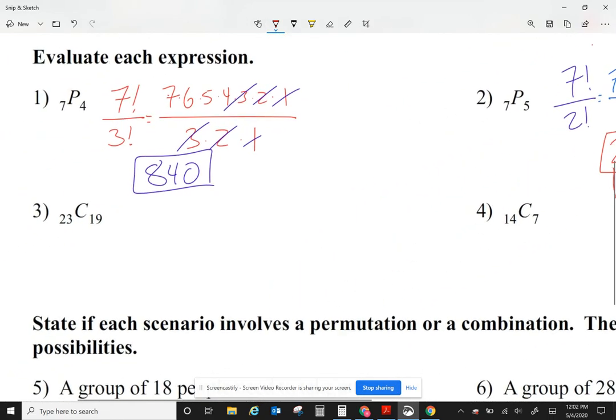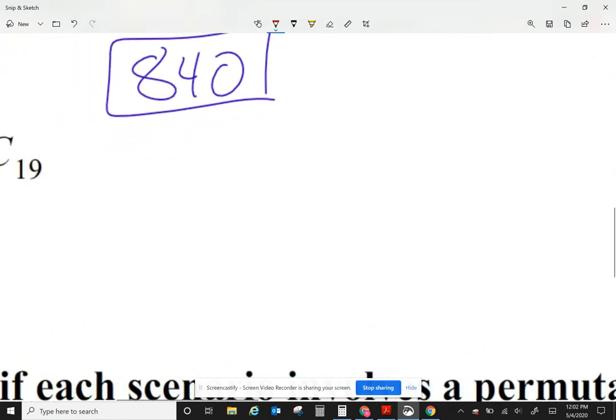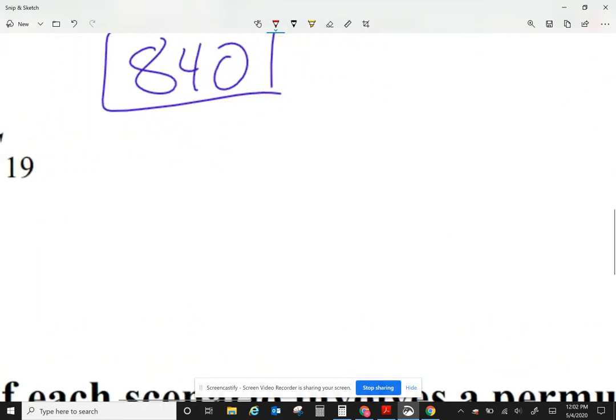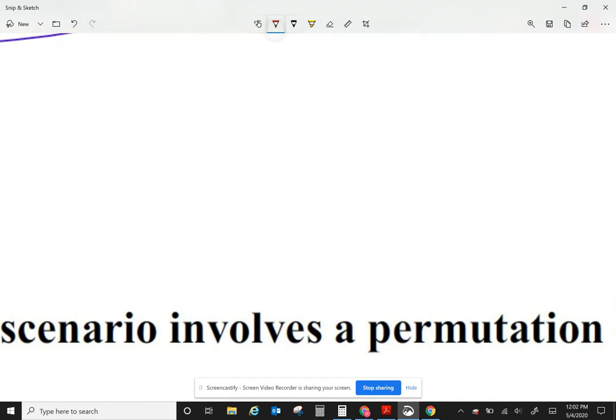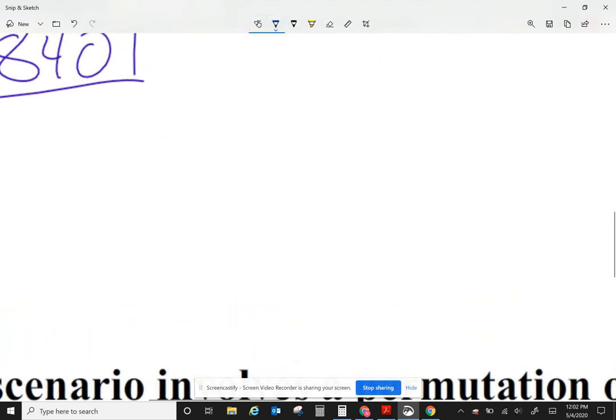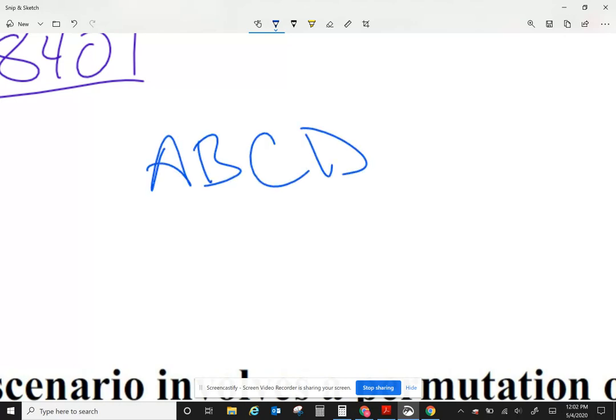Now, what does combination mean? Let me explain something about combination. Once again, we know a permutation. Let's say I have 4 letters, A, B, C, D. Remember with permutation, I said line them up in groups of 2.